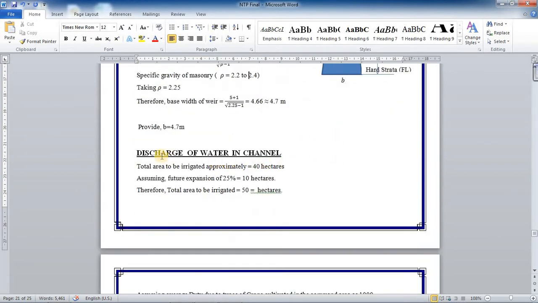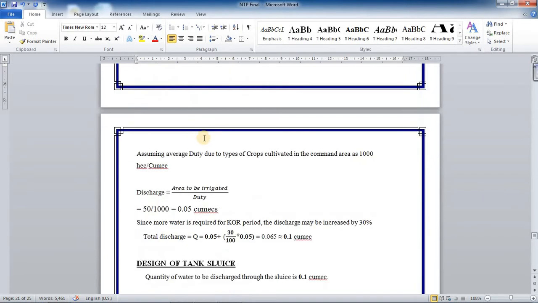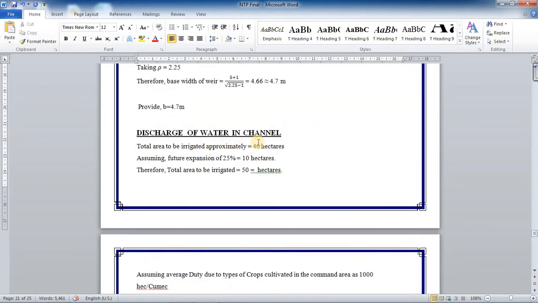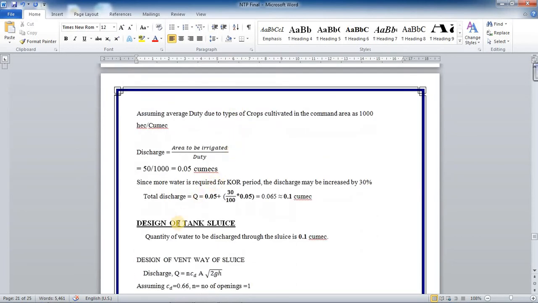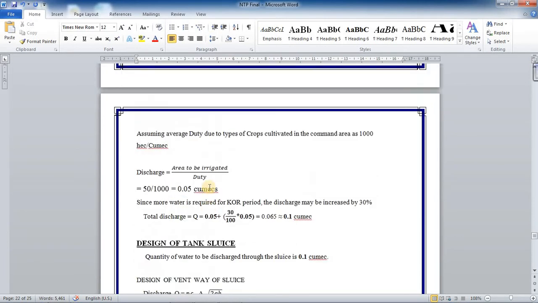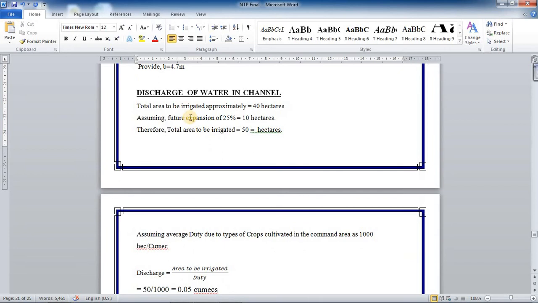Next, let us consider the design of the canal. Before the design of the canal, we need to calculate the diameter of the tank sluice for allowing the water to flow from the reservoir to the canal, for which we need to consider the total discharge of water to the canal.